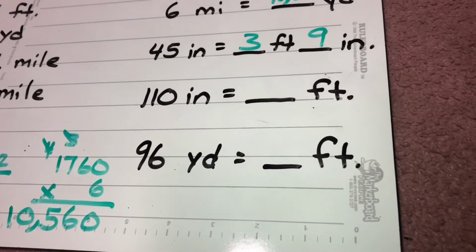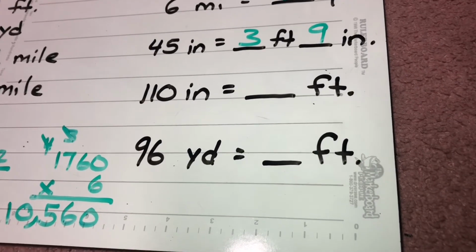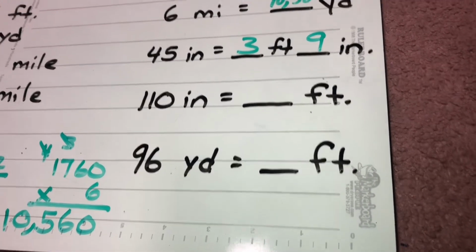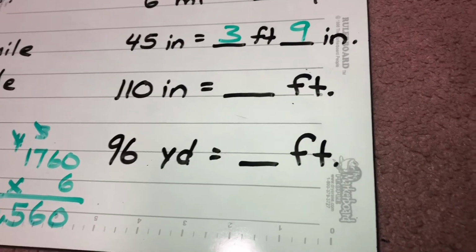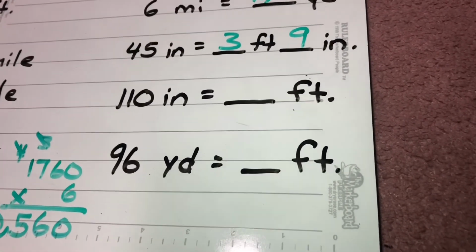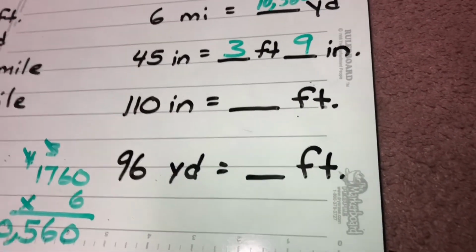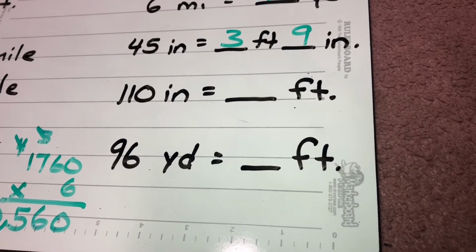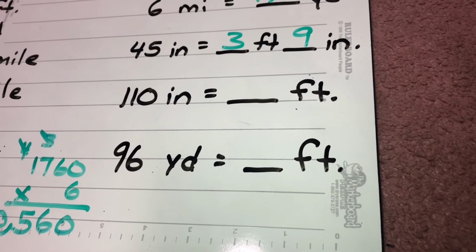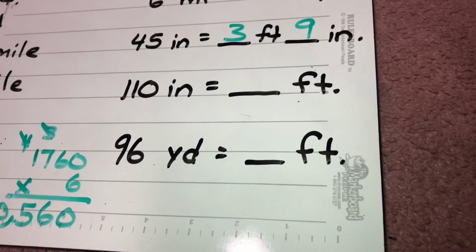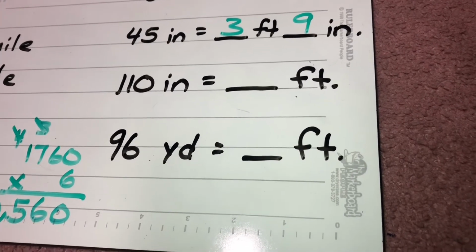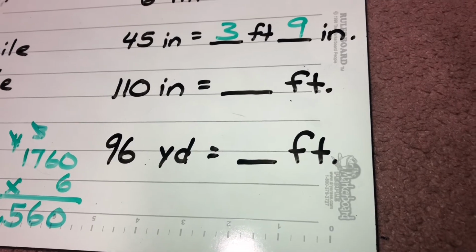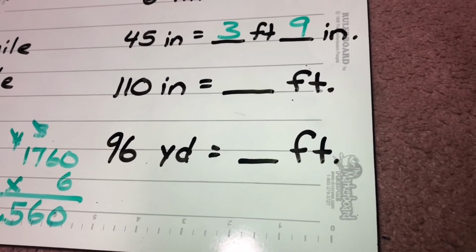110 inches equals blank feet. All right, well, so once again, I'm going from inches to feet, which means my measurement is getting bigger, which means my number is getting smaller. So I'm going to divide. And I'm going to take 110 and I'm going to divide it by 12.